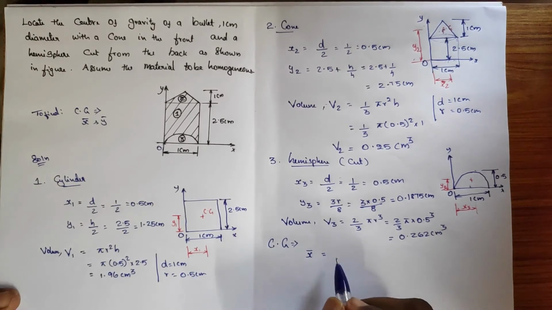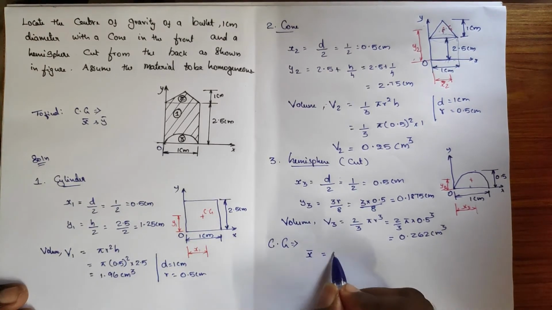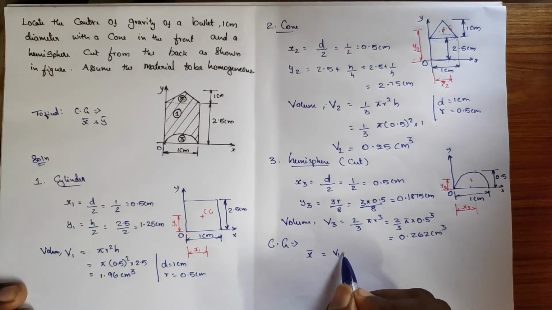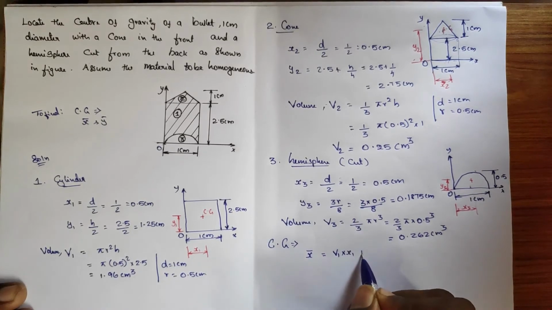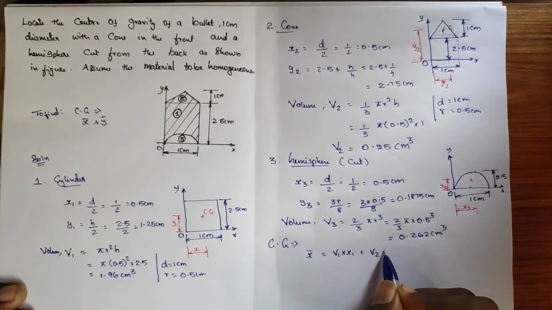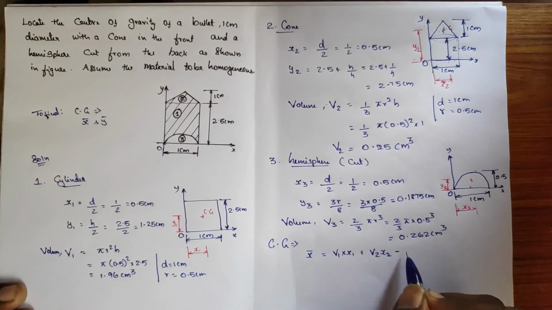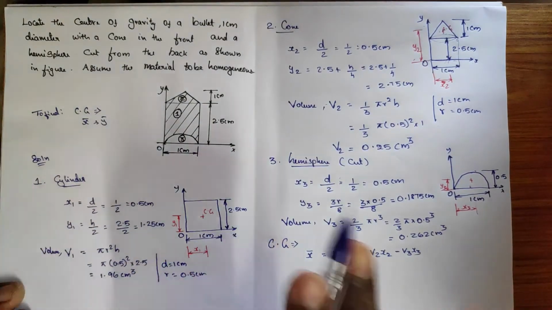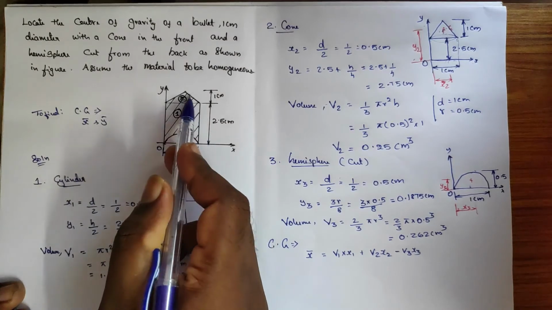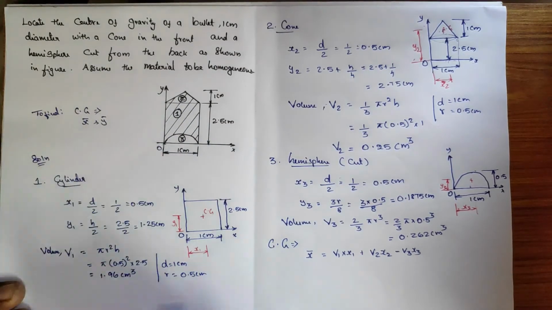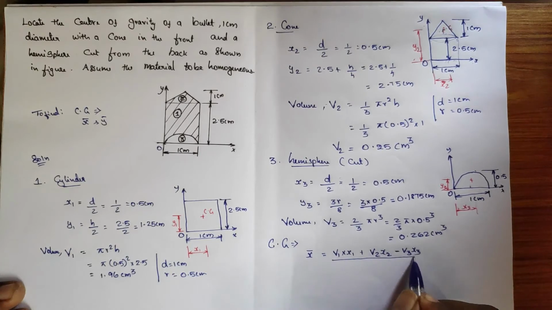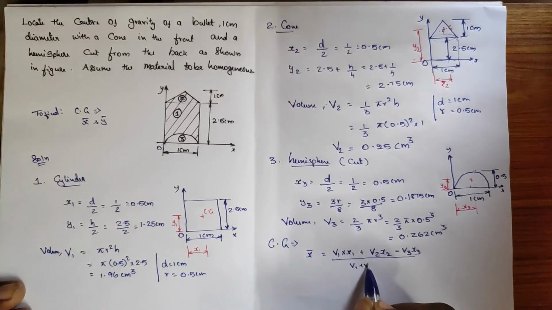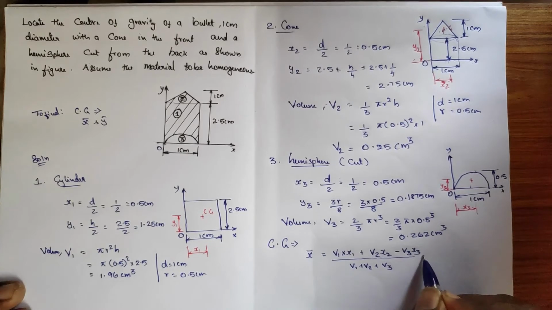Here the formula is very easy in terms of volume, since it is a homogeneous material: v1 into x1 plus v2 into x2 minus v3 into x3. Why did I put the minus sign? Here the hemisphere is the removed section, which is not our part, this is our part, so we need to subtract it. So volume 1 plus volume 2 minus volume 3.